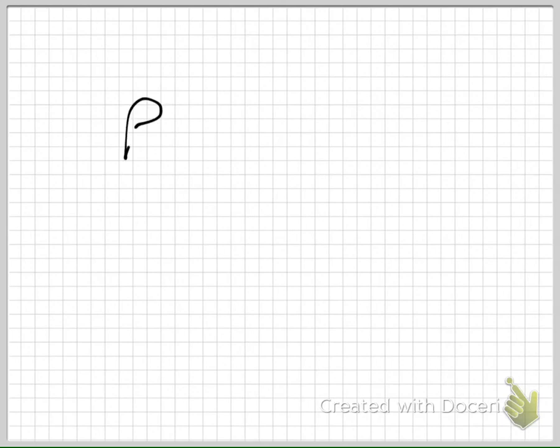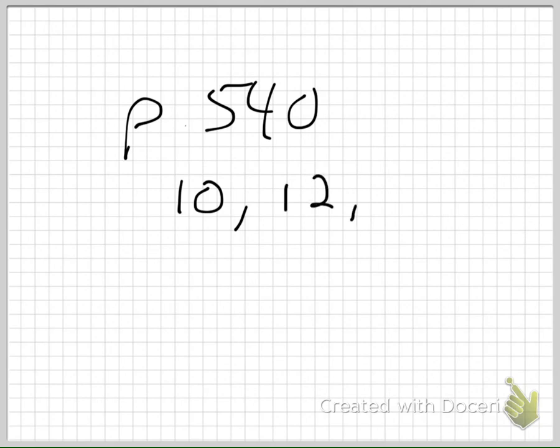On page 540, I want number 10, 12, and those are such big numbers.